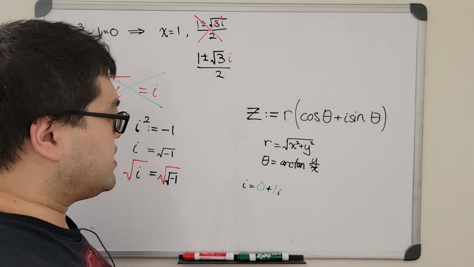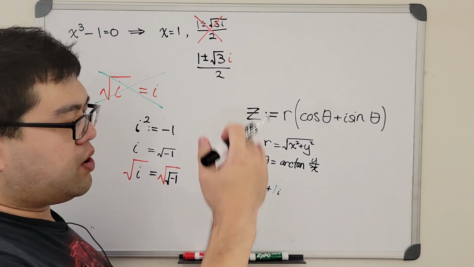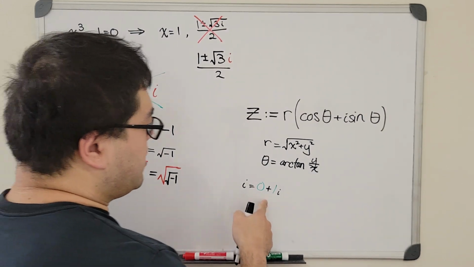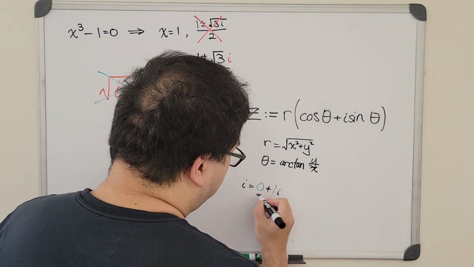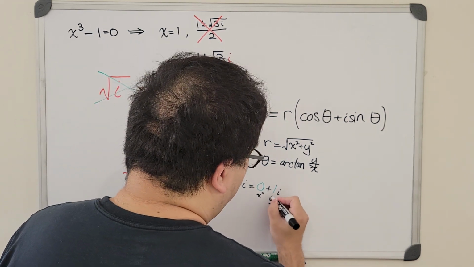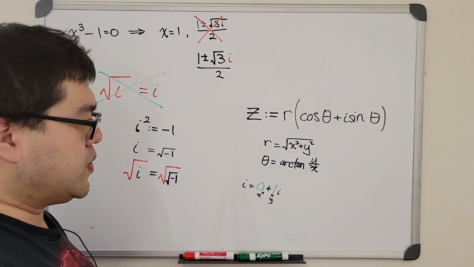It is 0 units away horizontally, but 1 unit away from the origin vertically. Then x, the horizontal part, is 0, and y, the imaginary part, is 1.